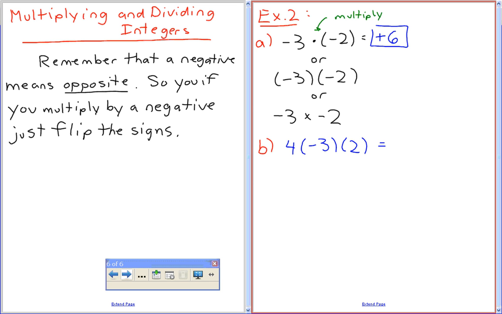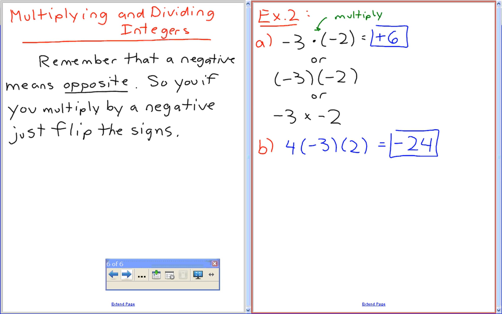I heard somebody whisper 24. 24 is correct. Will it be positive or negative? Why is it negative for you? John, why is that negative? When you multiply positive and negative, which I did first, it's a negative.